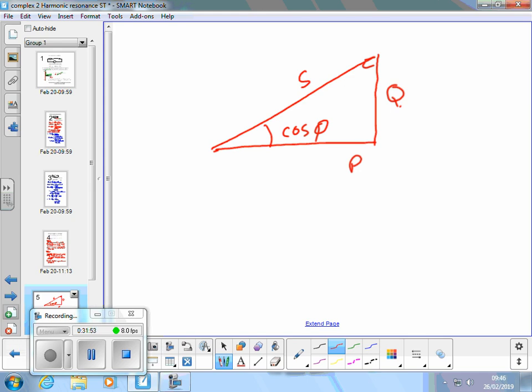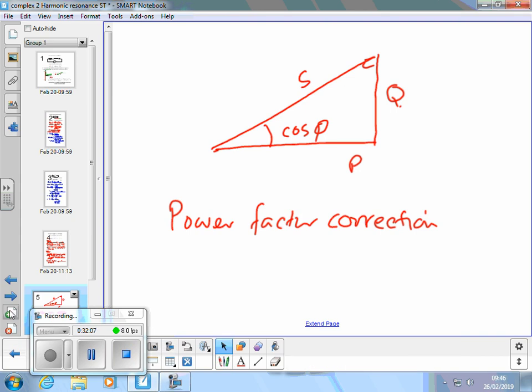So what we have is power factor correction. They add capacitance into the circuit, so we get an opposite action down here from the capacitor that draws this S line closer to the P line, therefore reducing the current.